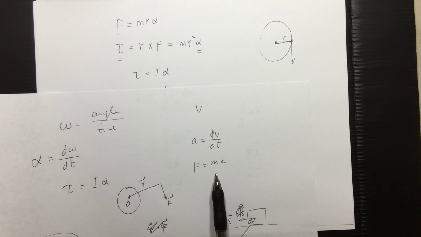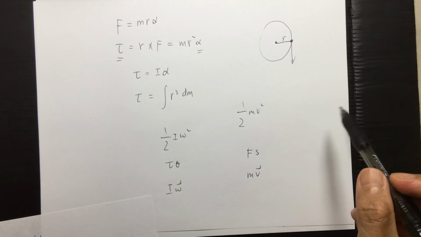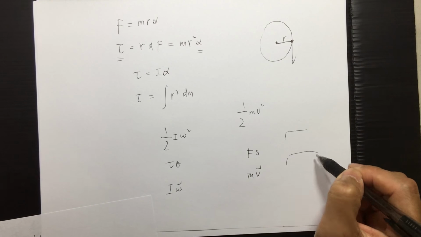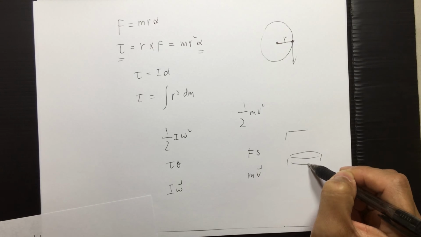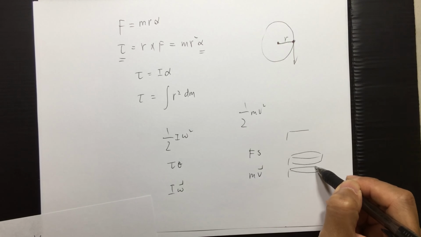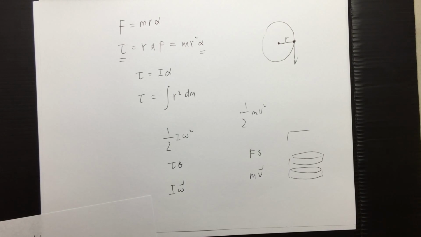So when you write the translational momentum this way, the angular momentum is like this. If two things, for instance, there's one disk that is rotating, and a disk below it that is not rotating. This all of a sudden falls onto this, then they are rotating together.